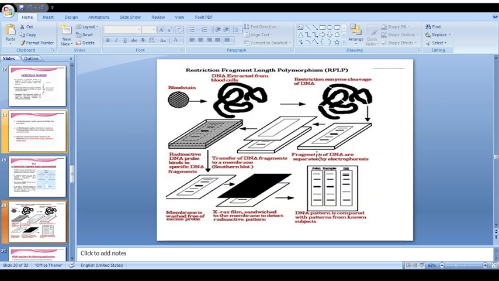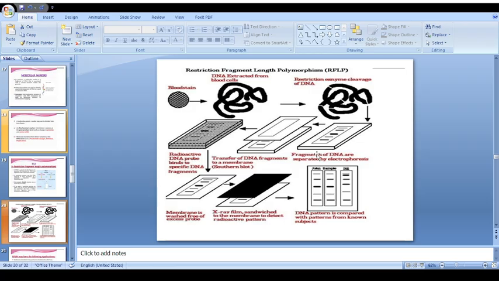Then, once the DNA is cut by this technique, the DNA fragments are taken up and added with radioactive probes that bind with the specific DNA fragment. Then it is transferred for Southern blotting.